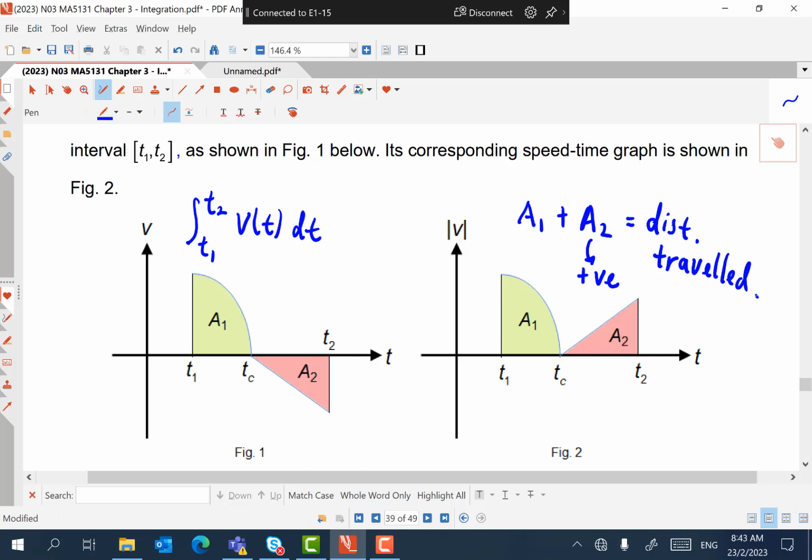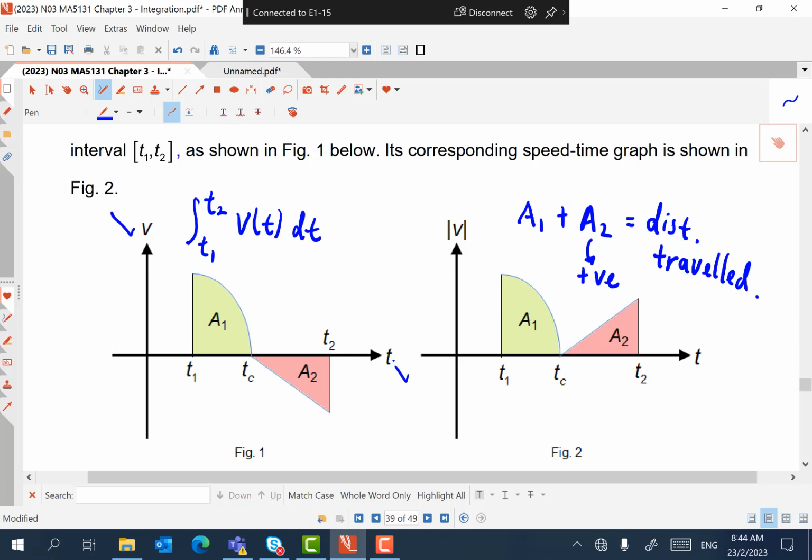In a typical exam like this, they will typically give you a diagram of V against T. They will also tell you the function V(t). And they have a point on the diagram that shows you that V(t) is 0 somewhere, and therefore there's a positive and a negative area.